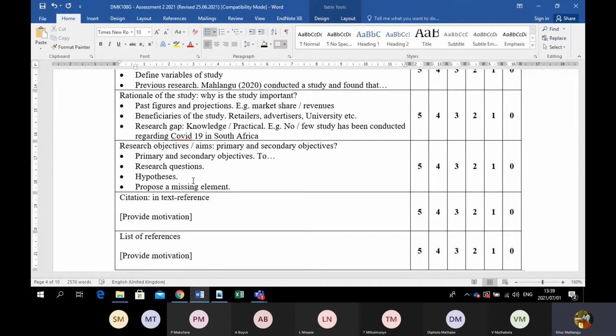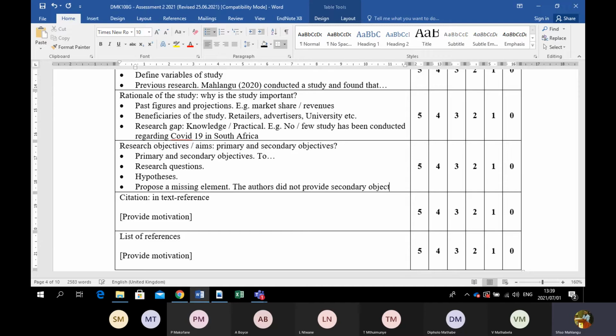So what this means is that, for example, you will indicate here that the authors did not provide secondary objectives, which is bad.